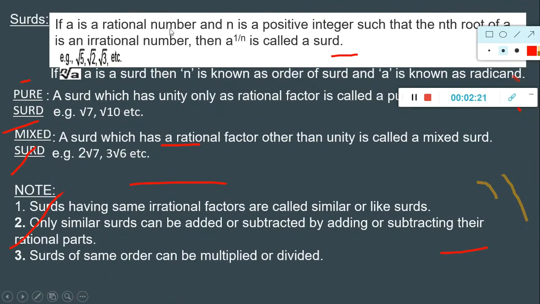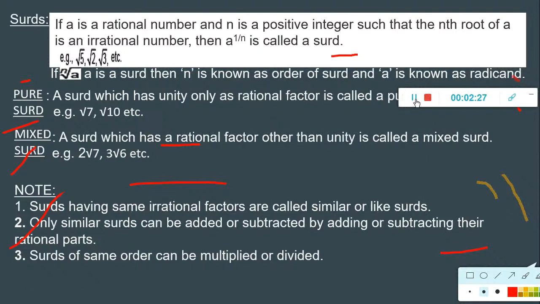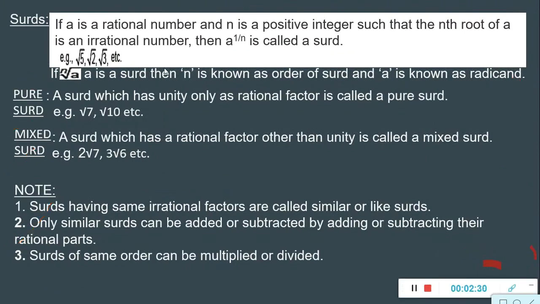If a is a rational number and n is a positive integer, such that the nth root of a is an irrational number, then a power 1 by n is called a surd. Root 5, root 2, root 3, etc. are all surds. Root 5 can be written as 5 power 1 by 2, where 5 is a and n is 2. It is called a surd.